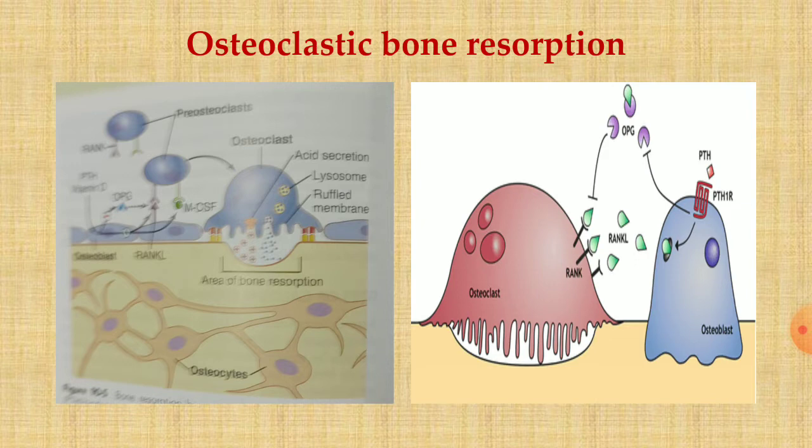So, with more prolonged activity of PTH, there occurs osteoclastic bone resorption. That means resorption of bony substance, demineralization of bone by the action of activated osteoclasts, so that a huge amount of calcium can be added to the blood to restore the blood calcium level.